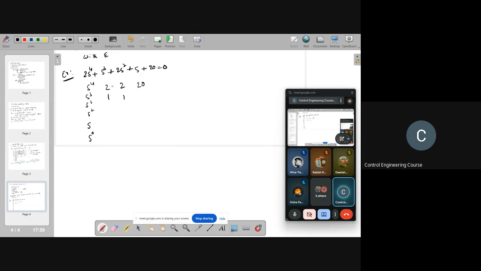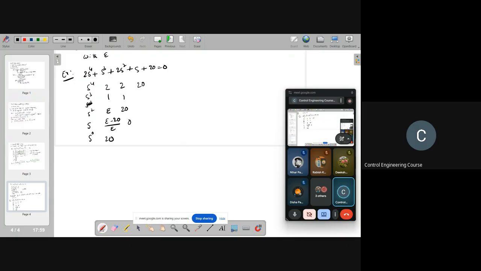Here it is 0, right? 2 minus 2, 0. So here this is 0. So you replace this one with a small epsilon and continue with this. Complete the remaining array. Now this next one means epsilon into 1 minus 20, divided by epsilon. And this will be 0. Then here it is 20.